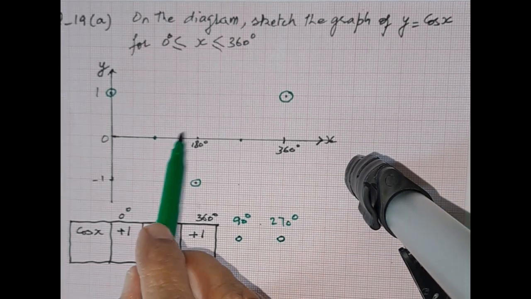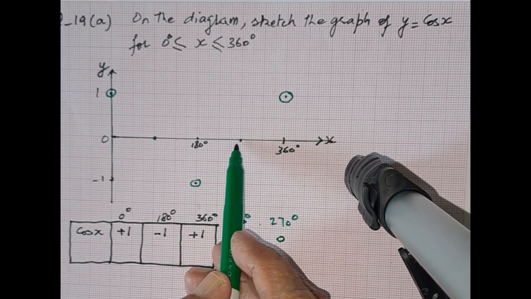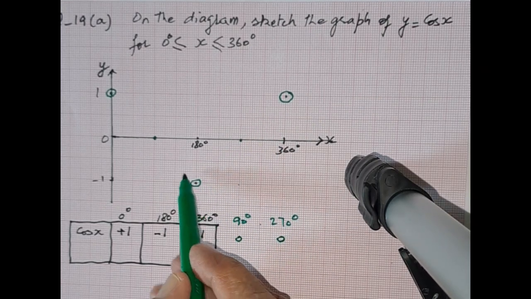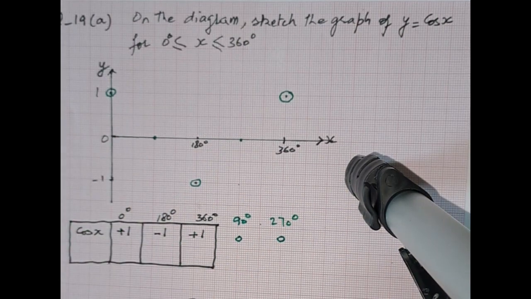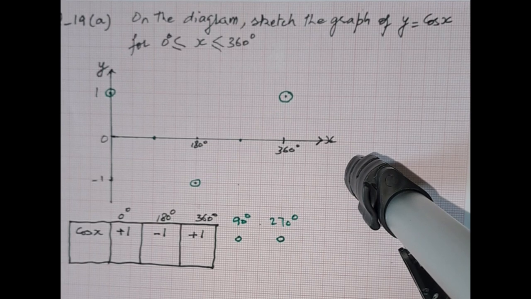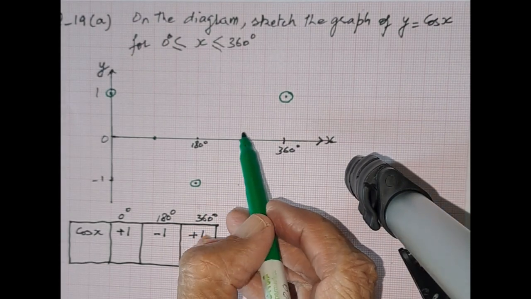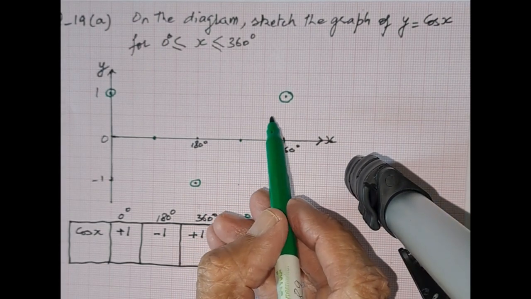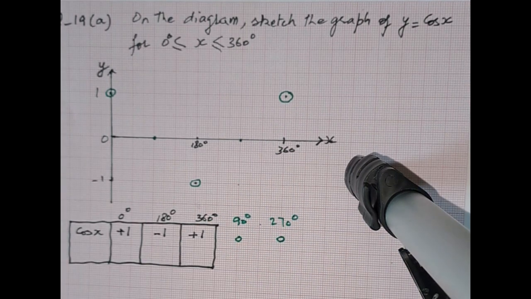So I know that my graph is going to start from here and come here and like this. And it is a curve. Cos graph is a curve graph, so we have to make a smooth curve. So I have to try and make the curve. I will do it with a pencil first, rough work, maybe. Okay, sketch it.